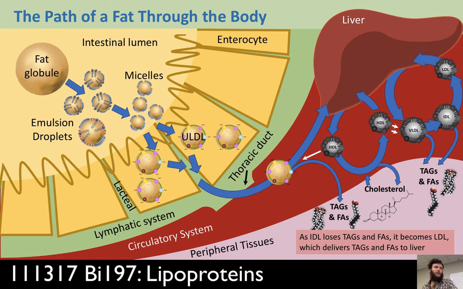So when you look at this, you can see that there are essentially two ways of delivering the triglycerides and fatty acids, one from the gut via the chylomicrons, one from the liver via the VLDL and the IDL, and both of them are regulated by HDL.